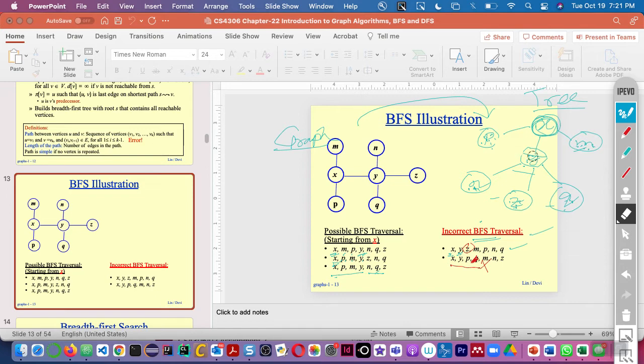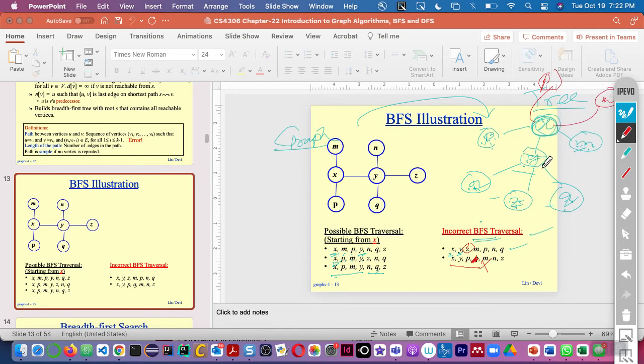Then Y is the first level, right? It has a second level. N, G, Q, this is the second level, right? And P and M are the third level. So P will go here and then M will go over here.